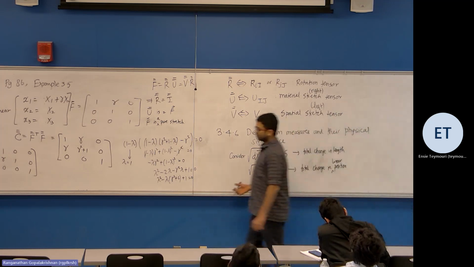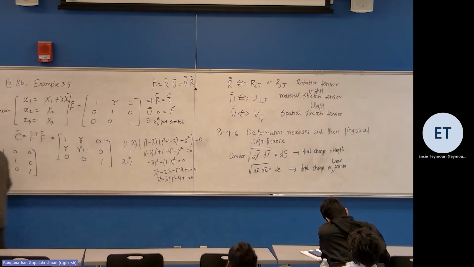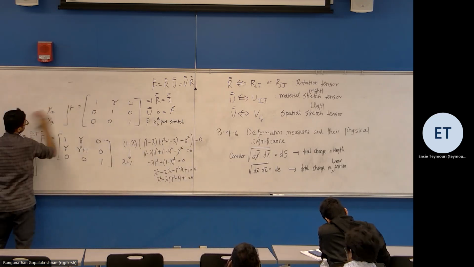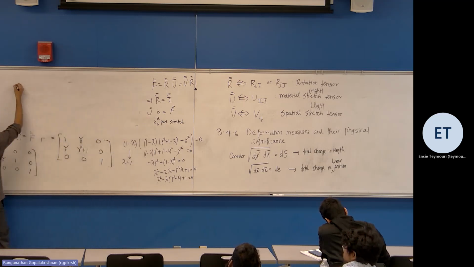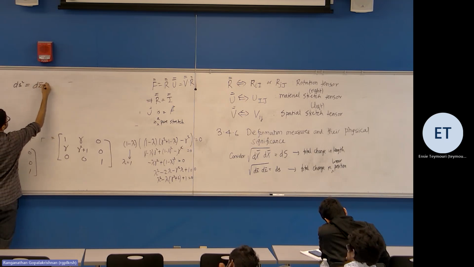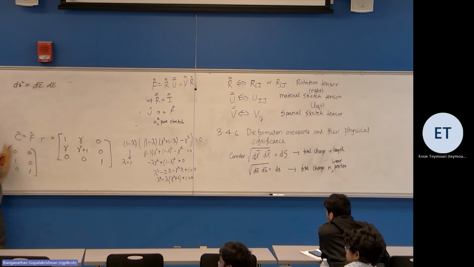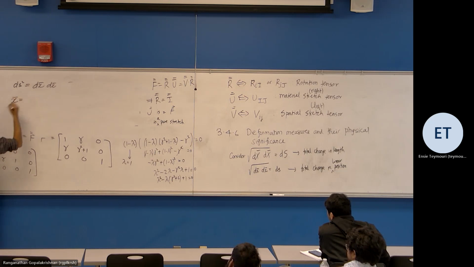Can we do this a little bit in tensor notation? What is ds spatial squared? This is dx dot dx. What is dx?